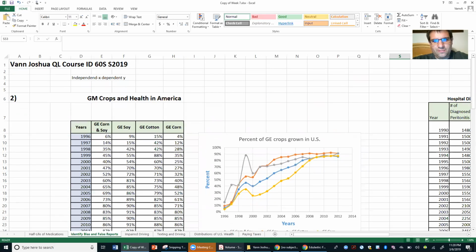We compared the health effects of GM crops and GE crops.